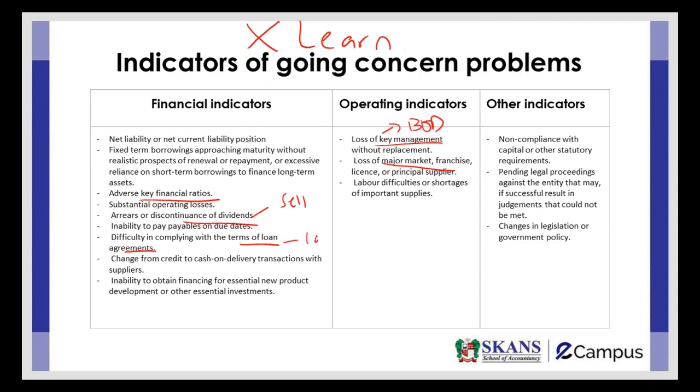So maybe there's a loan covenant that you have already breached, because of which the entire loan has become repayable. Maybe your cash flow forecast is showing a bad situation. So these are indicators you were picking up throughout the audit.